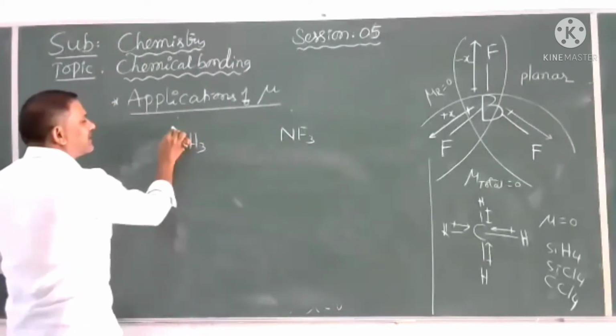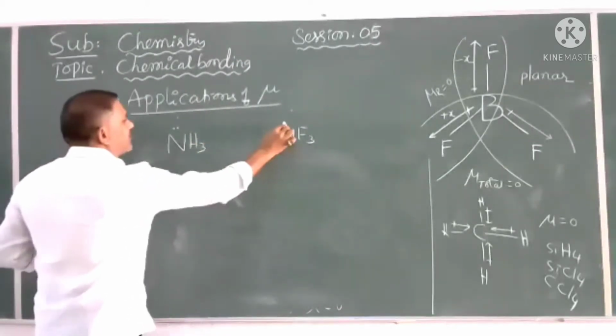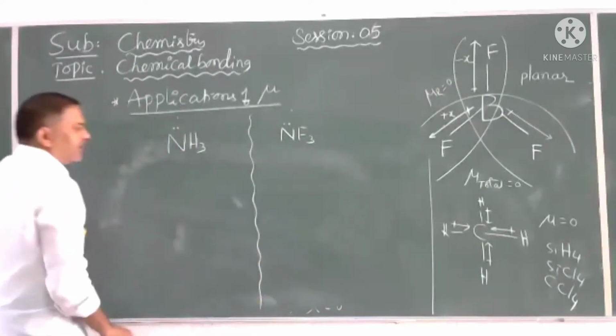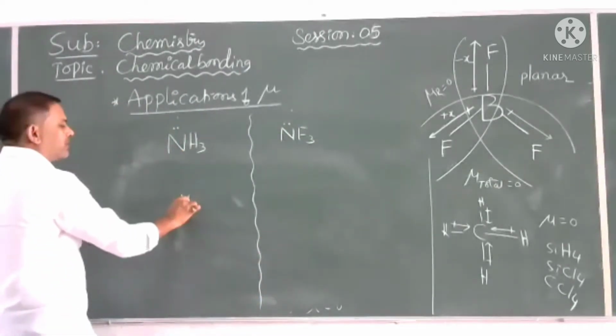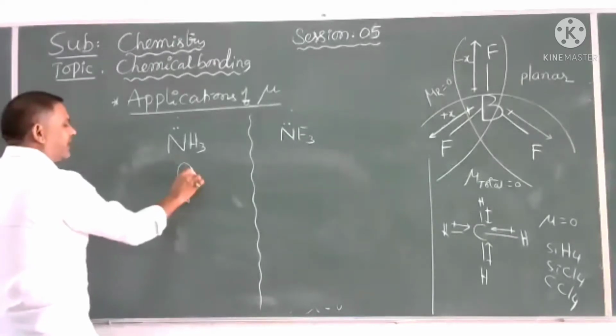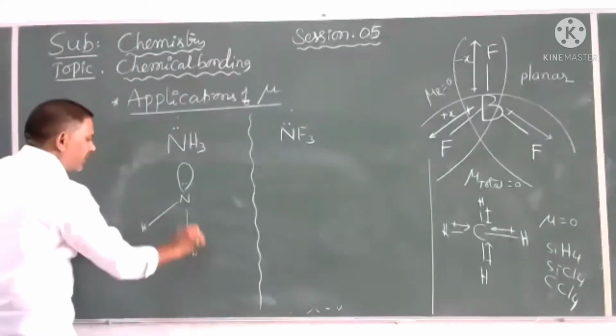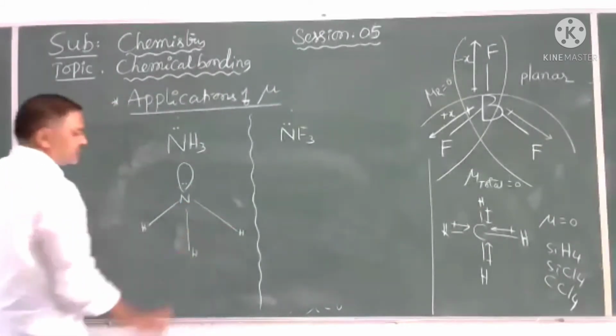In both cases, the central atom is nitrogen containing one lone pair. Now here the nitrogen has one lone pair and it is bonded with 3 hydrogen atoms like this.